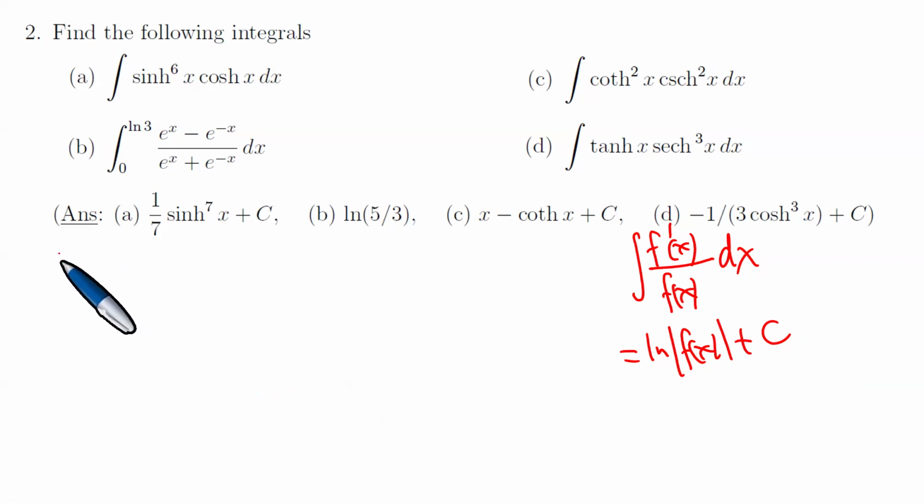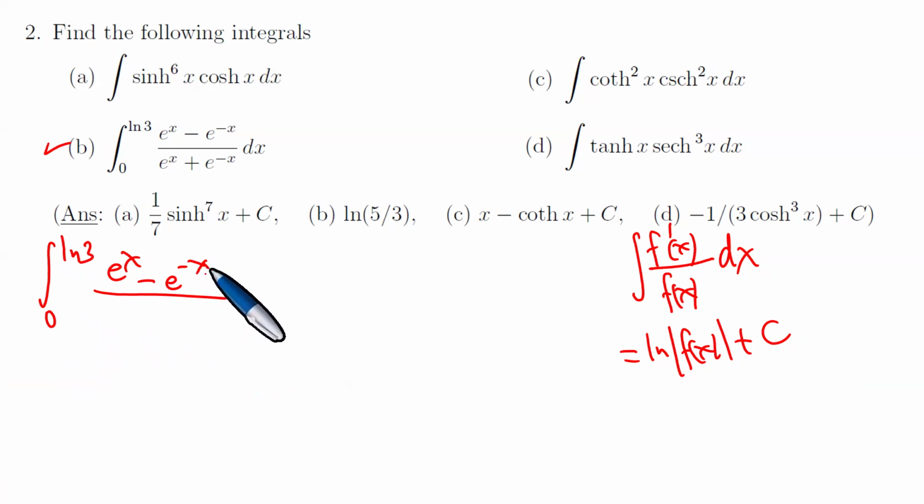We move forward, and we note in part B the integral from 0 to ln 3 of e to the power x over e to the power x plus e to the minus x dx.